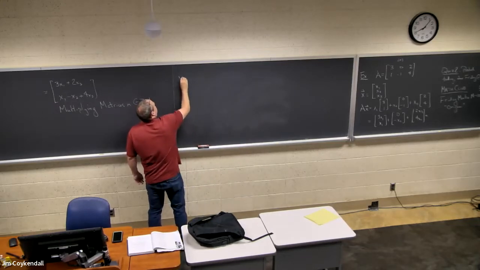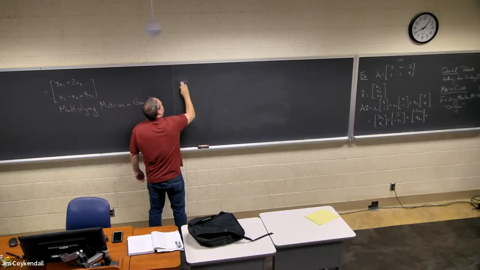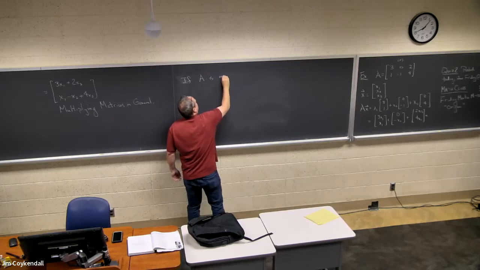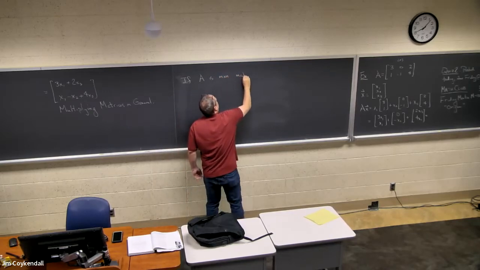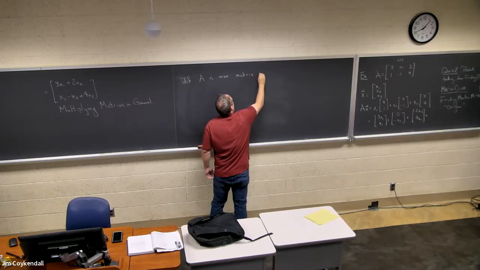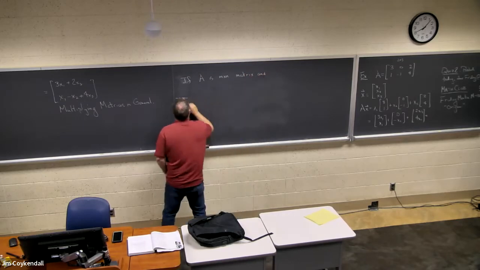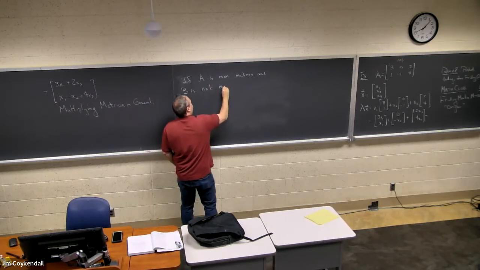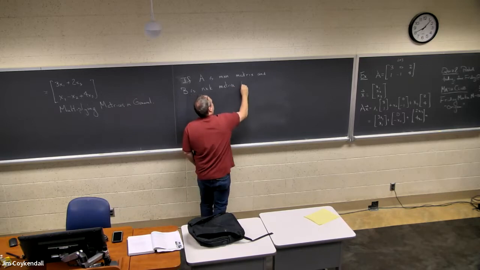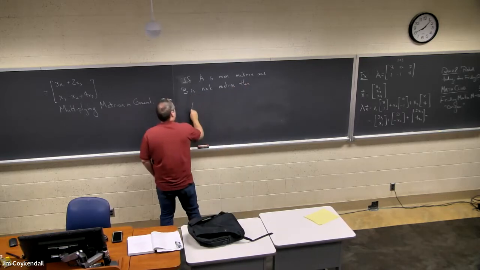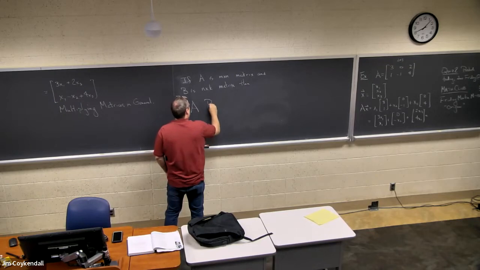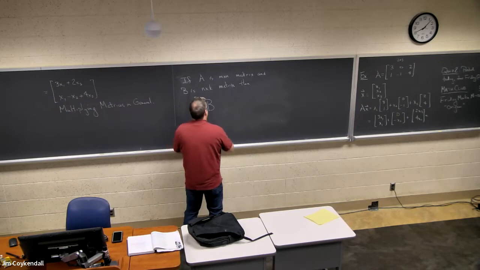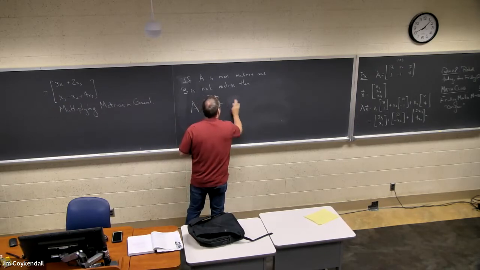So if A is an m by n matrix and B is an n by k matrix, you can multiply AB and you get a new matrix.